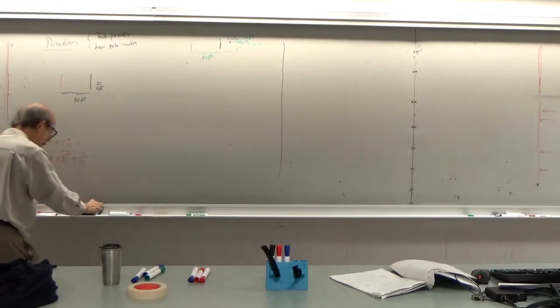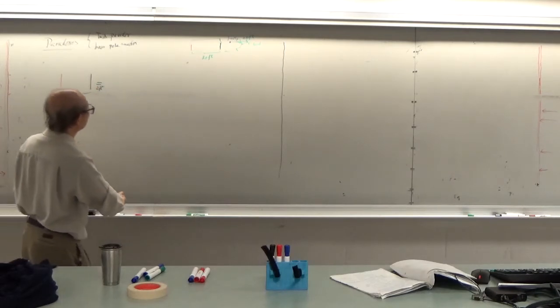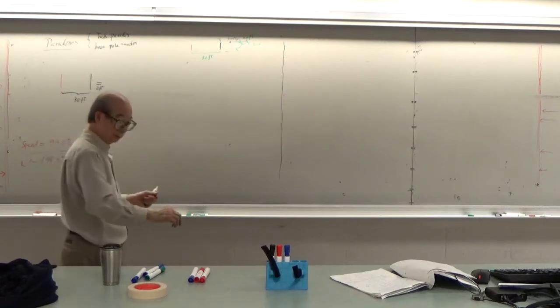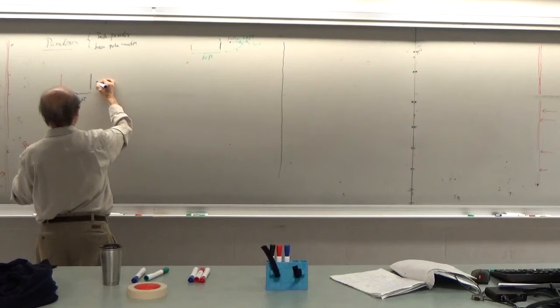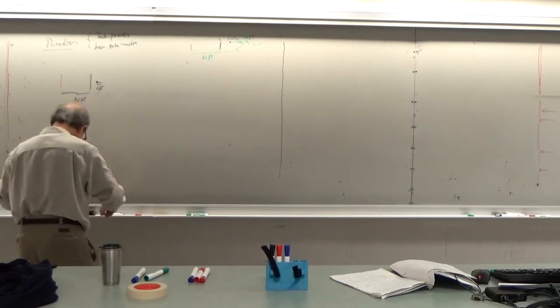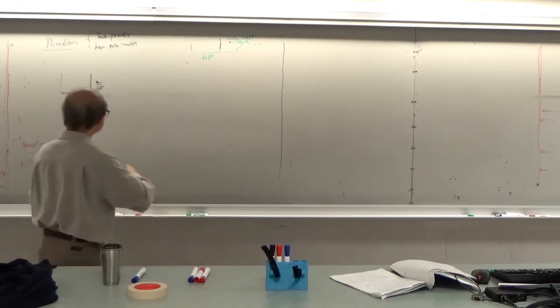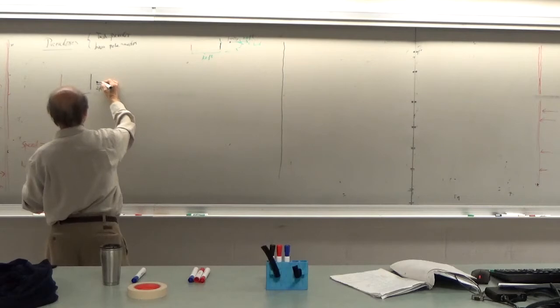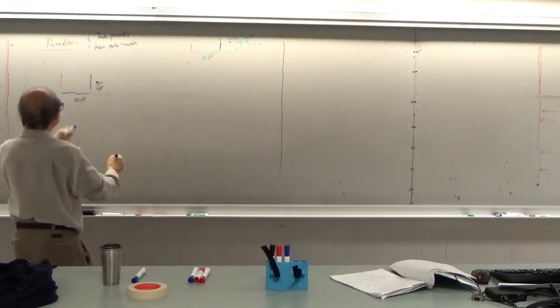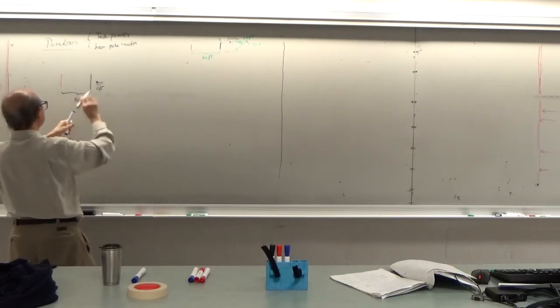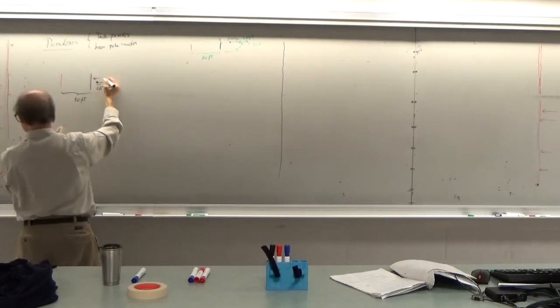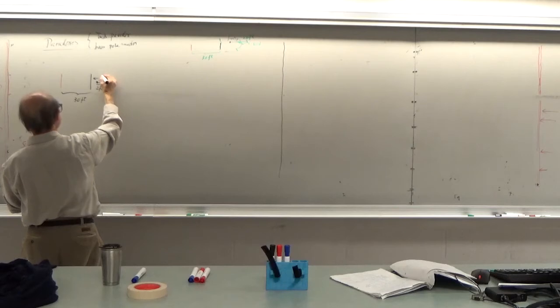The front tip of the pole is in blue color, and the back is in green color. And it travels with high speed, 99.5% of the speed of light.